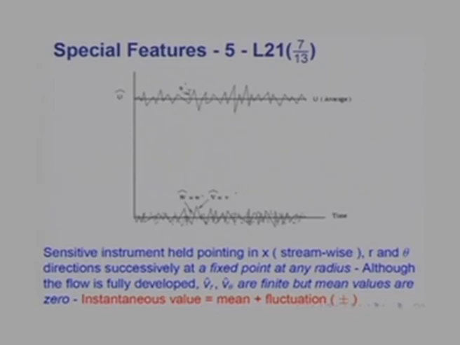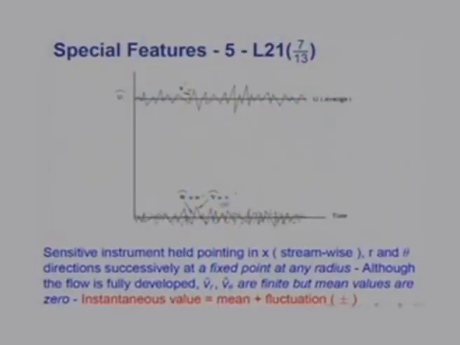And likewise, the circumferential velocity would also show a finite value at different radii. The instantaneous value will show, but its time average value will be 0 because the flow is fully developed. That is what is shown here.